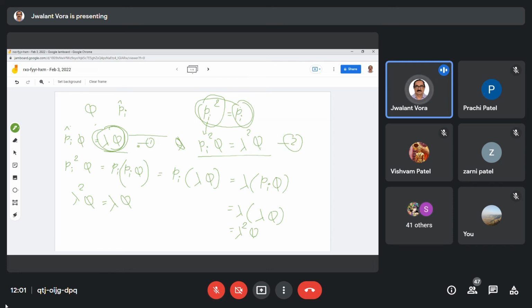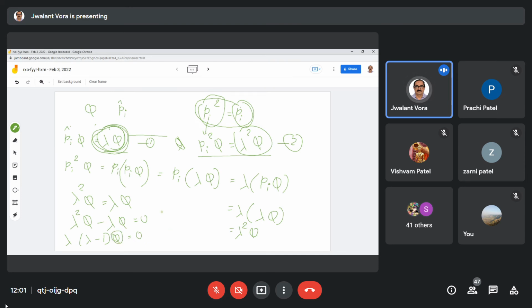So equating the right hand side of equations 1 and 2. So lambda square phi minus lambda phi is equal to 0. Lambda common લઈને, lambda minus 1 into phi is equal to 0. Therefore, phi the value 0 ના હોય.